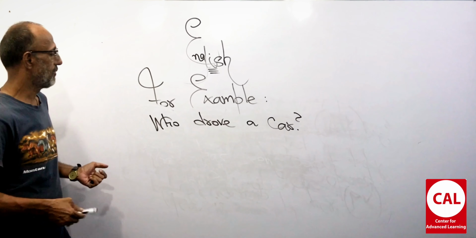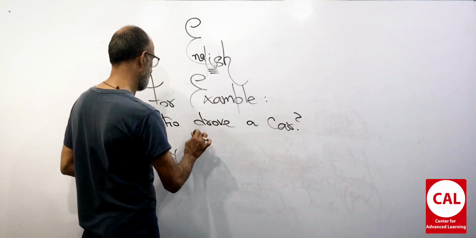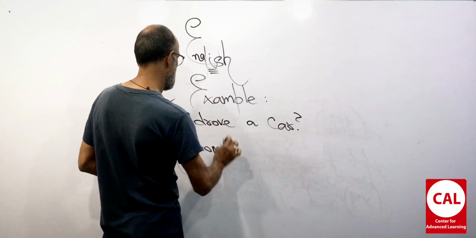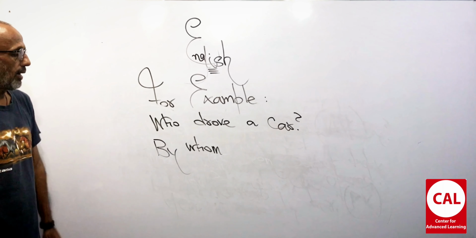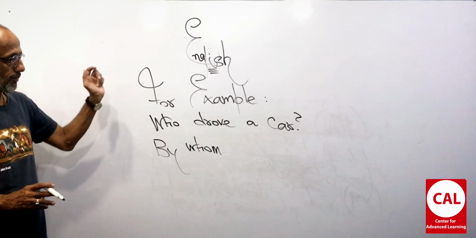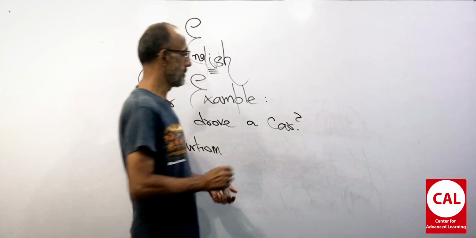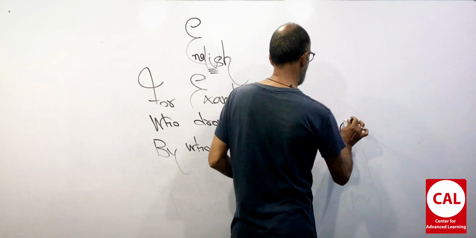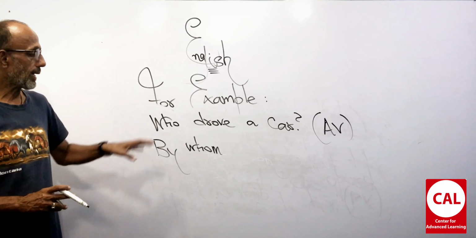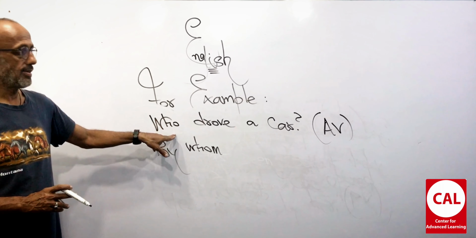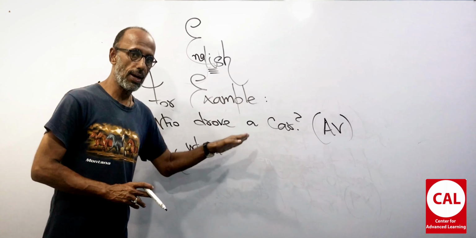So how do we change? We use by whom, and whatever rules we use to change from active to passive. First of all, we recognize the voice. Which type of voice is this? This is AV, active voice. Correct. And the second thing, then we recognize the tense. Which tense is this in active voice? This is simple past.